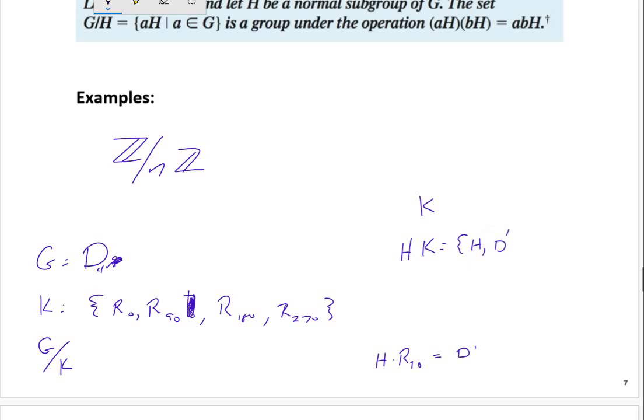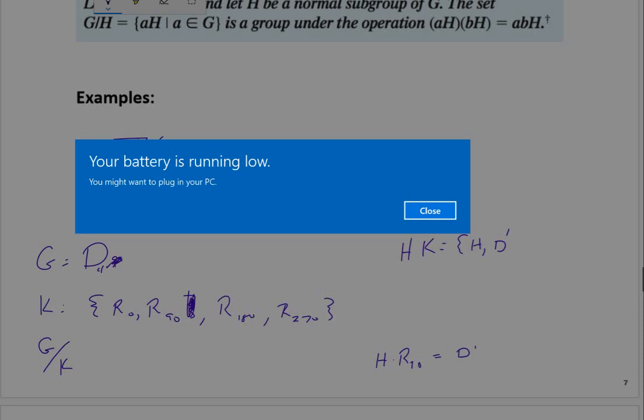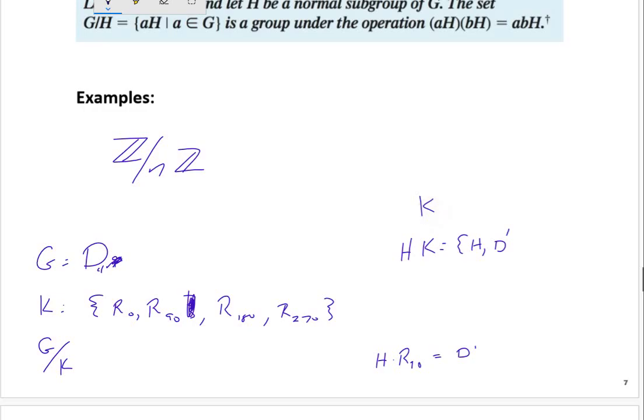So that's going to be in that coset, right? And I need to do the same thing. If I rotate and flip over, I want to compute where am I at? H with R180.